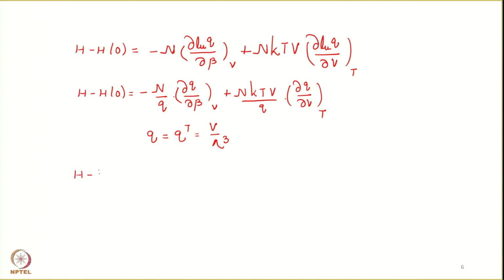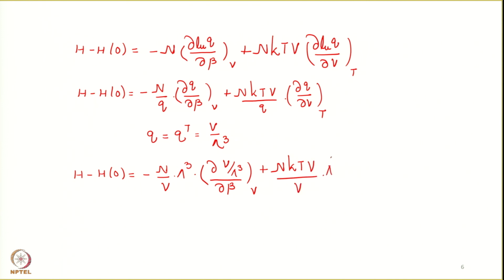H minus H0 is equal to minus n by q, q is V upon lambda cube, into derivative of q with respect to beta, that means V upon lambda cube with respect to beta at constant volume, plus nkTV, q is equal to V upon lambda cube, and we have del of V upon lambda cube with respect to volume at constant temperature. Fine. Let us continue.